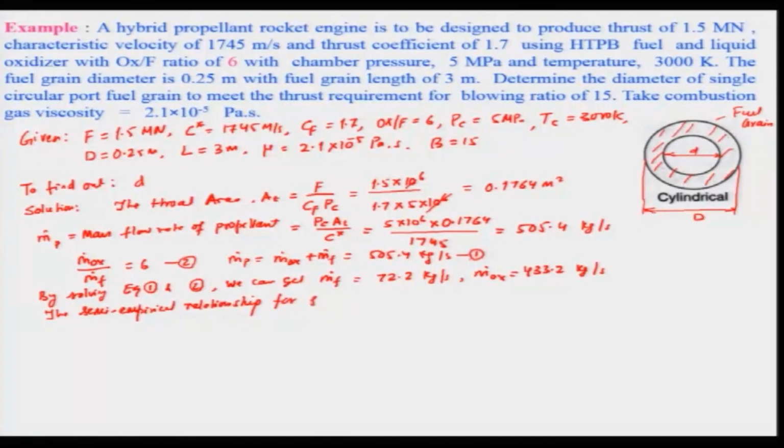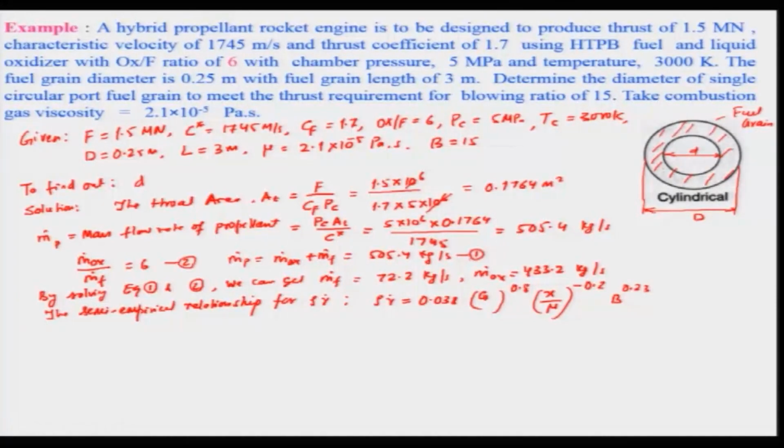For rho f r dot is equal to 0.038, G, you can say this is basically G, into the inner diameter of the port, into 0.8, that is x by mu, minus 0.2, into B to the power 0.23.